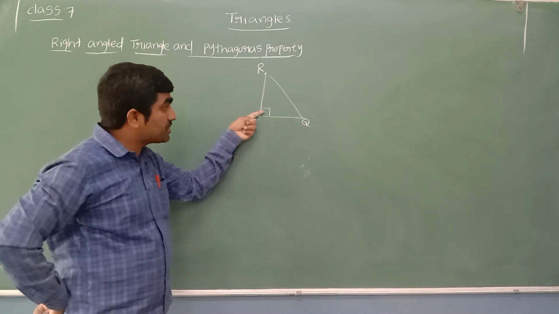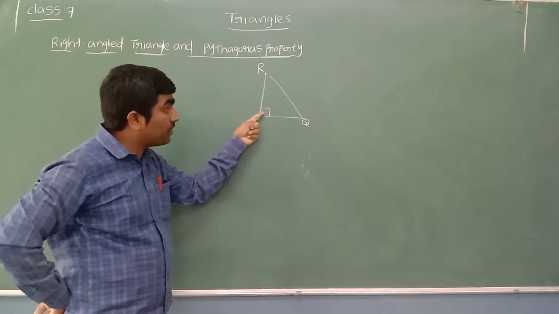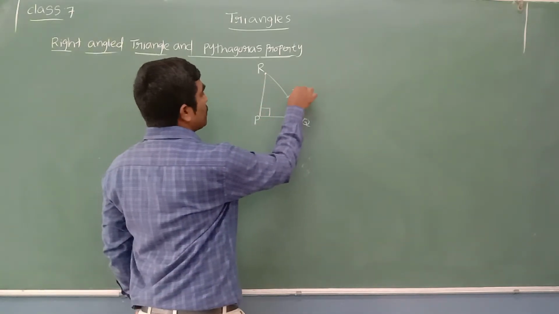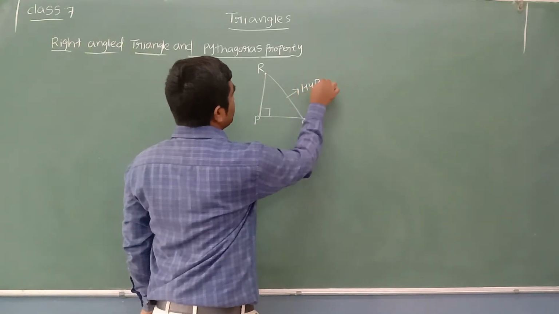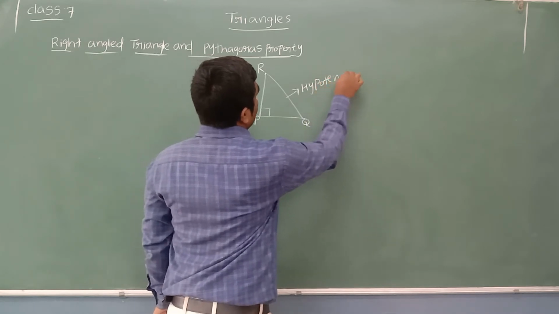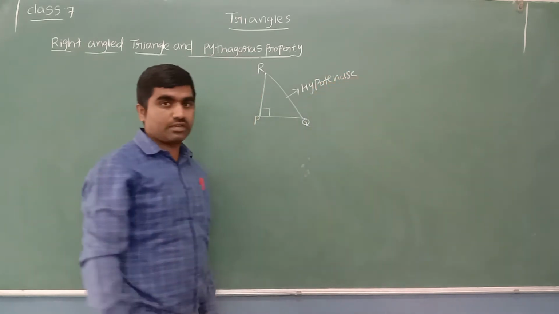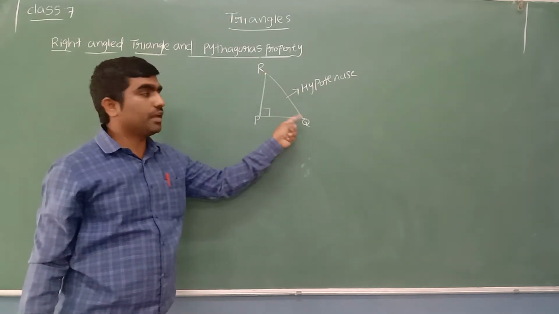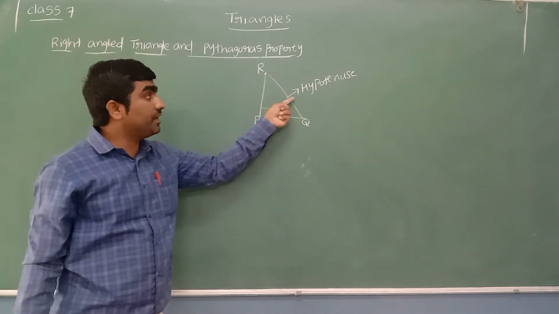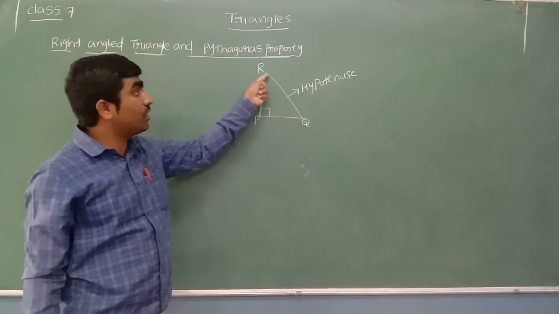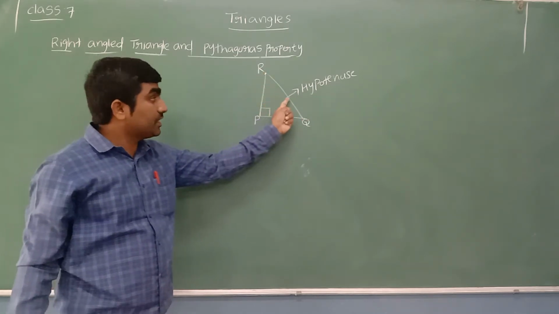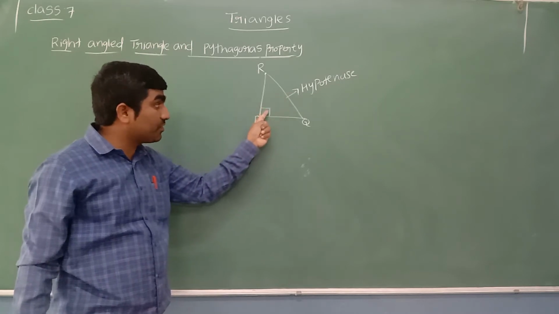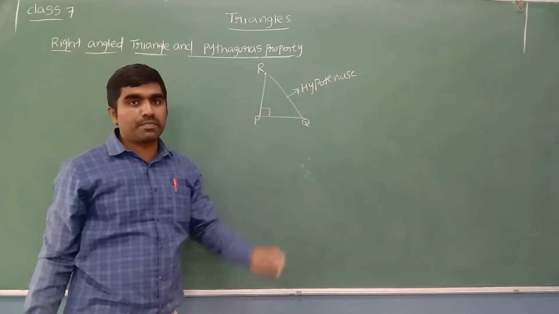So QR is called the hypotenuse. In a right angle triangle, only this side is called the hypotenuse, because it is the side opposite the right angle, the side opposite 90 degrees.